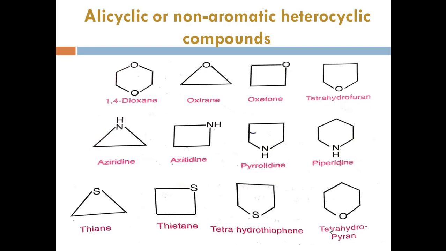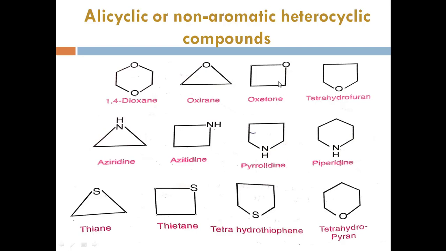Here, see, no such electrons are present. If we consider oxygen, these two oxygen atoms contain one lone pair of electrons each, so a total of 4 electrons are here, and they are not delocalized. In oxetane, also, there are only 2 electrons on oxygen.